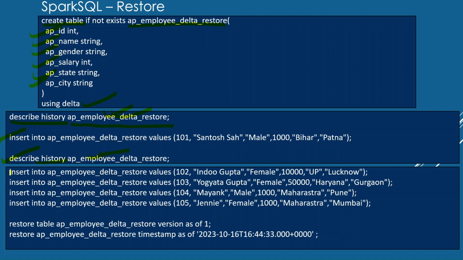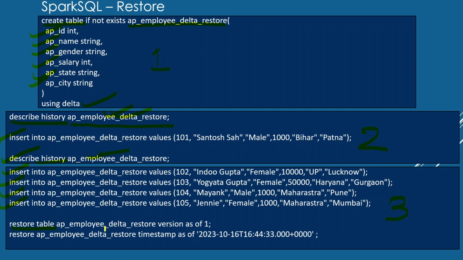Now again, I am inserting 4 records in it, and if we see the described history, a new version will be created. And if you want to restore the table, suppose this is creating version 1, this insert statement is creating version 2, and these 4 insert statements are creating version 3.